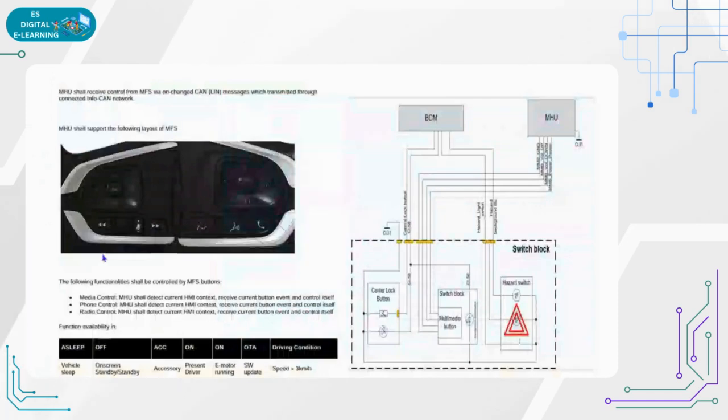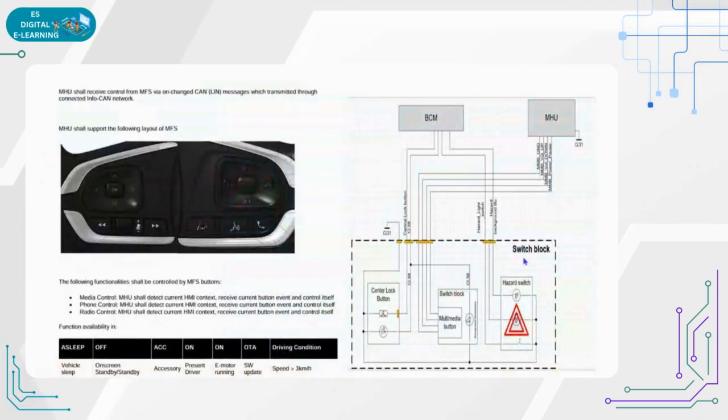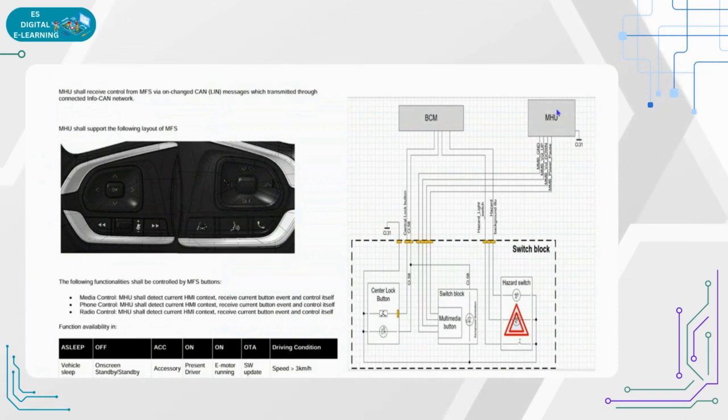MHU is specifically the main head unit, where it will access all the information, whatever the sensors or the switches give, that information will go into the MHU, and some of the information is connected with the body control module, because whatever the vehicle related failures, doors, seat massage, everything is in the body control module.